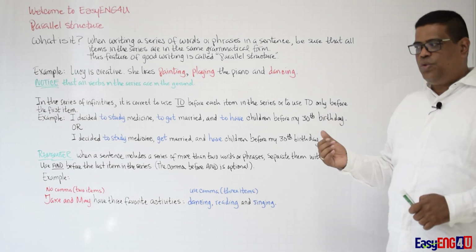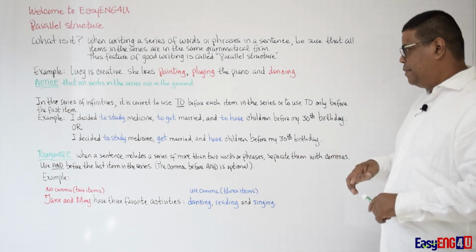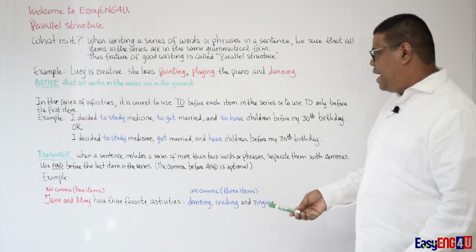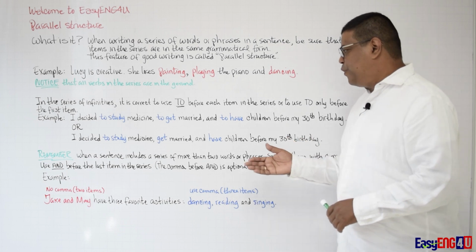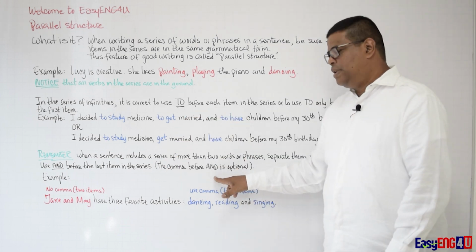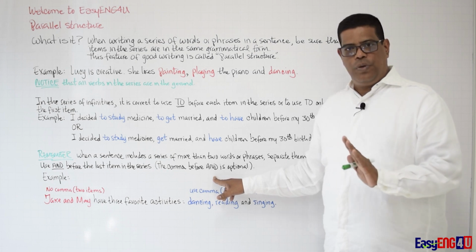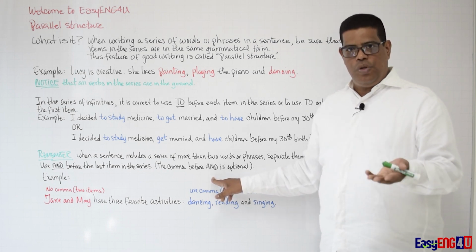You must use a comma. You have to separate them with commas. Okay? Now, you can use and before the last item, but it's optional. If you don't want to use it, you don't use it. If you want to use it, you may.